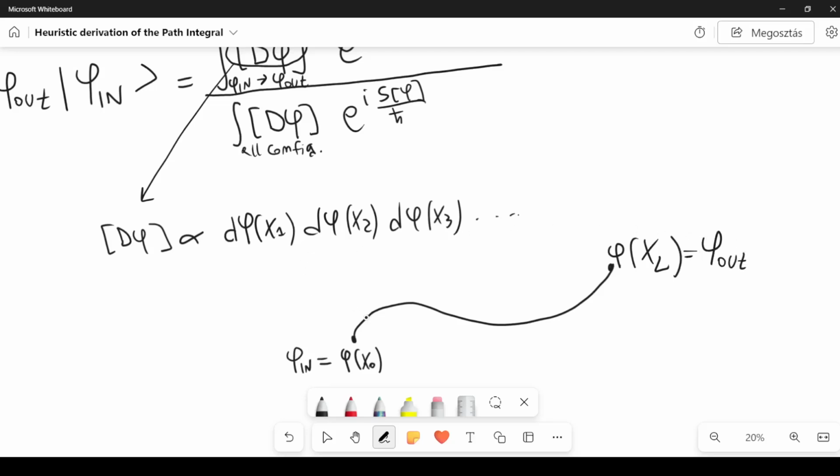And then first you discretize this path, and then you have to integrate over all the possible values that these points can take, which means that you have to consider all the possible paths that connect these two points, because these two points remain fixed.